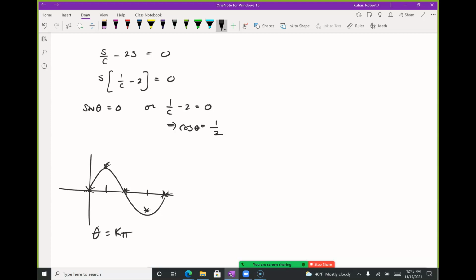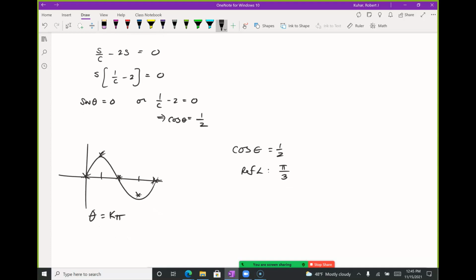And cos equal 1/2 has a reference angle of what? Is it 3? Pi over 3, yeah. So I know I'm building out that table, or my pizza, right, with 6 slices in the pizza.